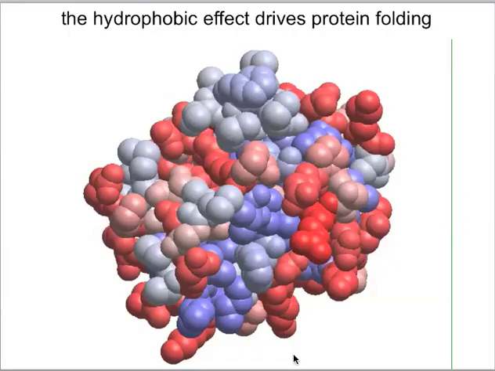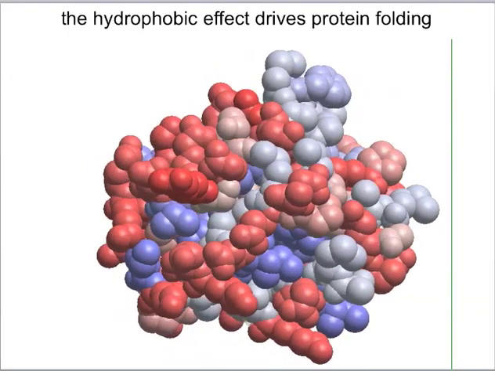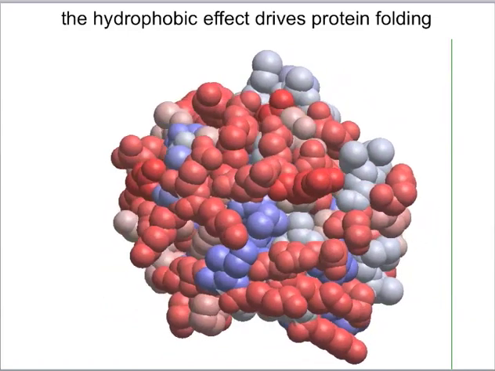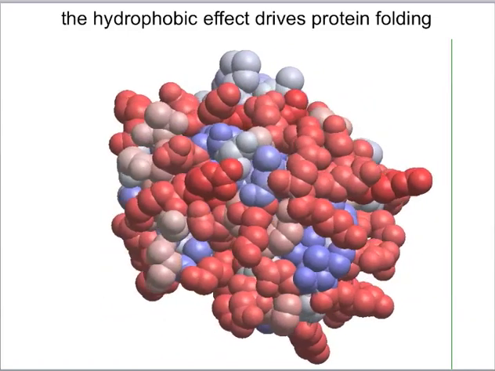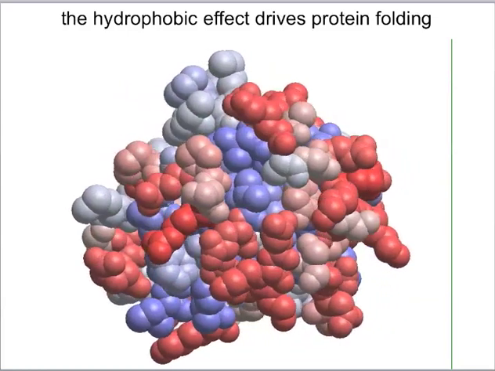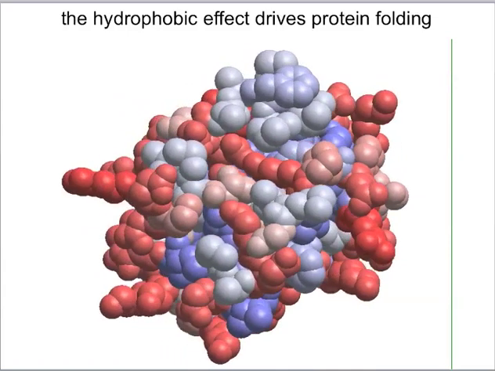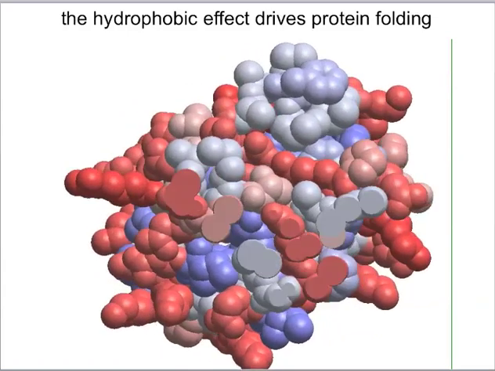All right, let's look at a protein. Here is a cartoon of a particular protein. It doesn't actually even matter what the protein is. What I've done is color in red polar surfaces, polar amino acids, and in blue nonpolar amino acids. And what we see in general is that for a folded protein, the surface of the molecule is covered with polar amino acids.